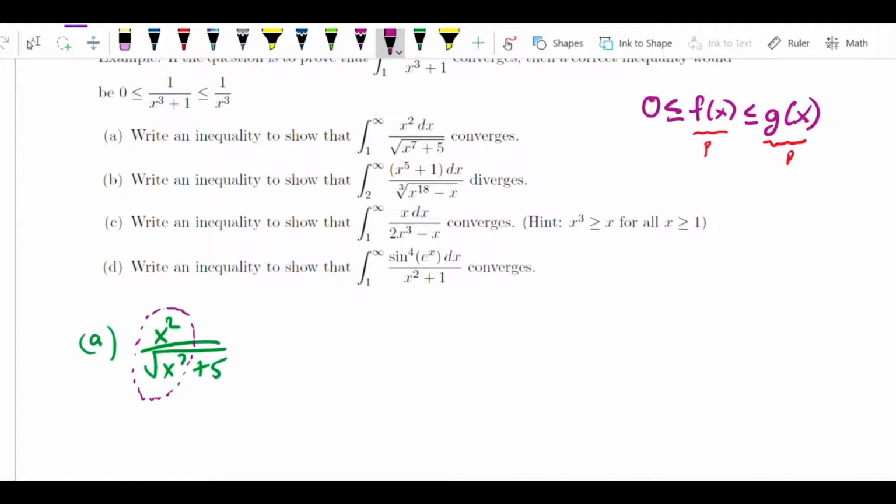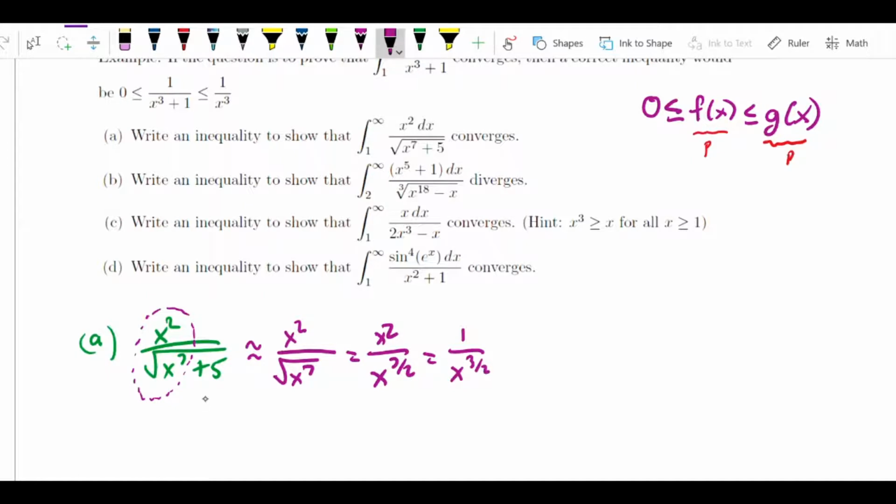So this expression that I've written, which is the integrand, not the integral, is approximately equal to x squared over the square root of x to the 7th, which equals x squared over x to the 7 halves, which equals 1 over x to the 3 halves.